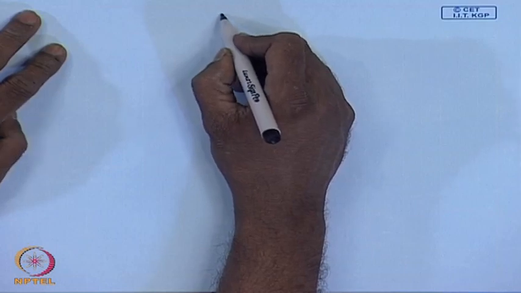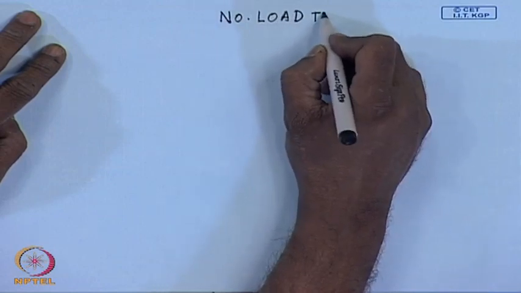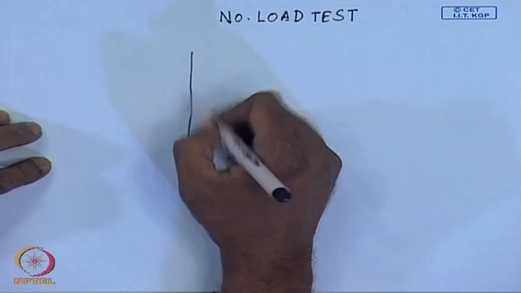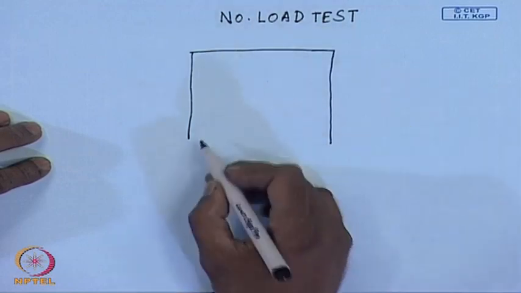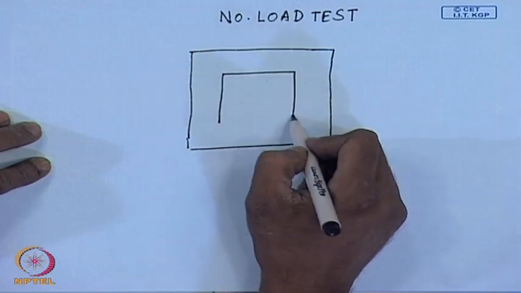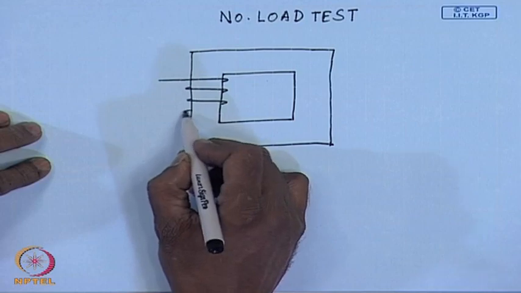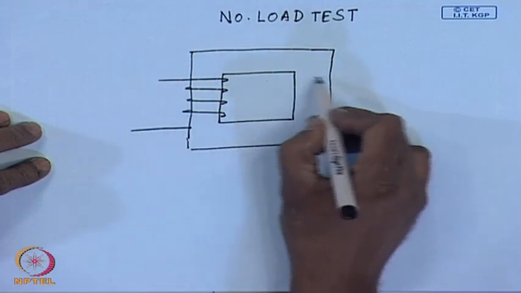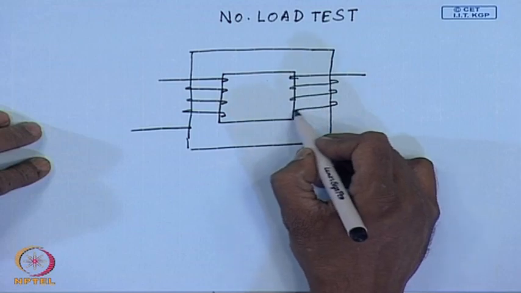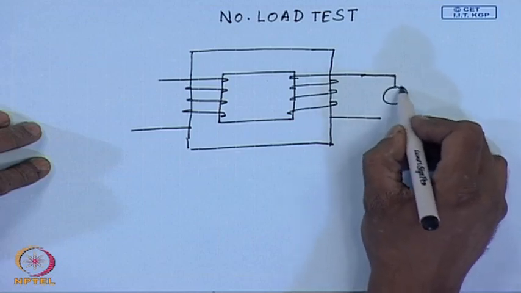Let us first concentrate on the no load test. In order to perform a no load test, you take the transformer under test, keep one side open connected to an AC voltmeter.